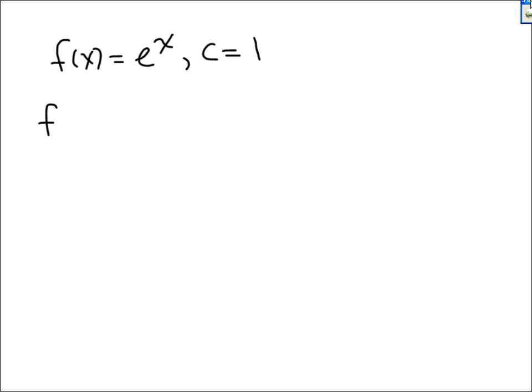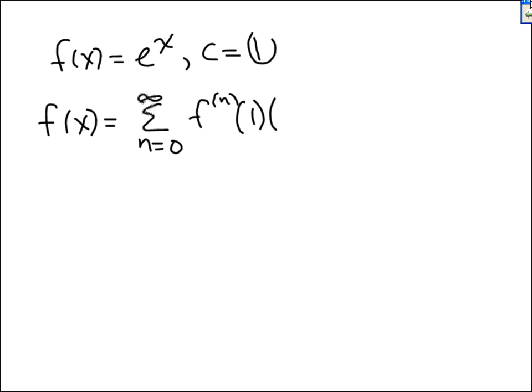So we know that f of x is equal to the summation, and this is the formula. It goes from 0 to infinity of the nth derivative evaluated at c, which is 1, times x minus c, c is 1, to the nth power over n factorial.